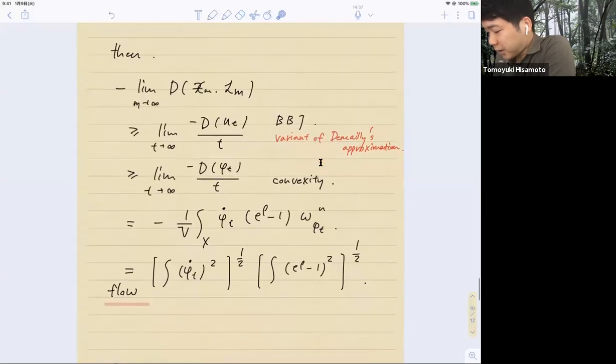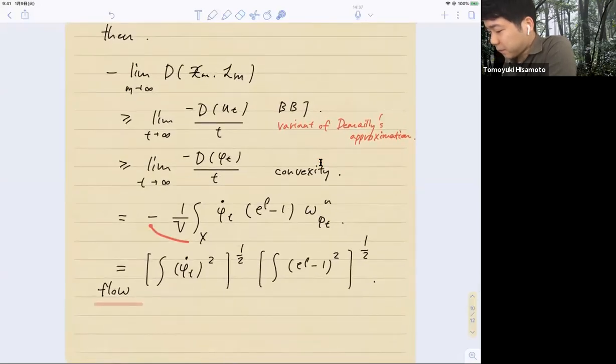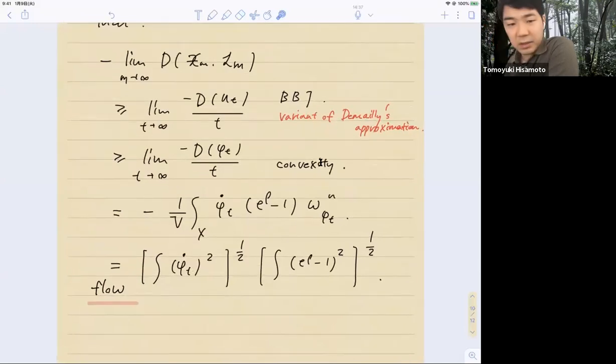And finally, the slope of D along the flow is equivalent to the norm times the Calabi functional. This is exactly a consequence of the definition of the gradient flow.